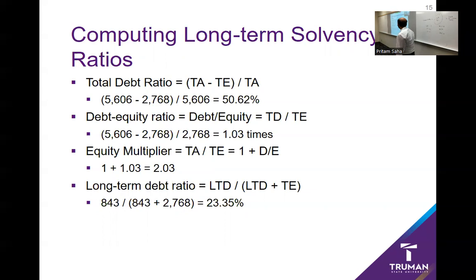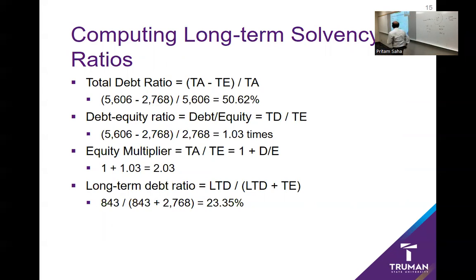Debt to equity ratio, similarly, is total debt or total liability over total equity. Some books, professors, or analysts prefer only long-term debt to total equity when they want to analyze debt to equity. But ideally, same interpretations.